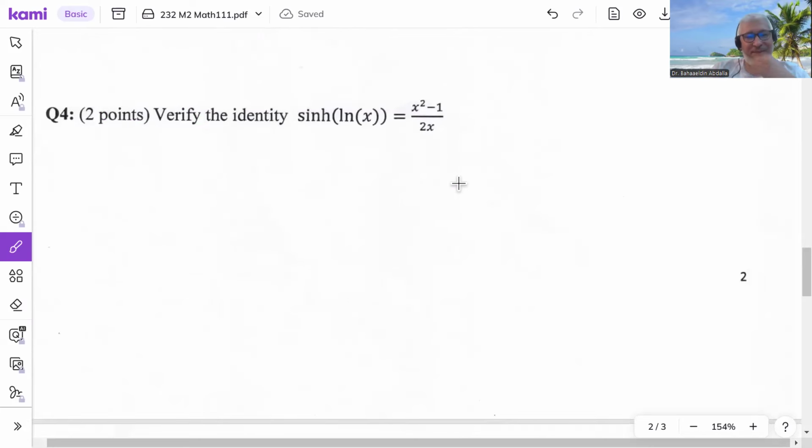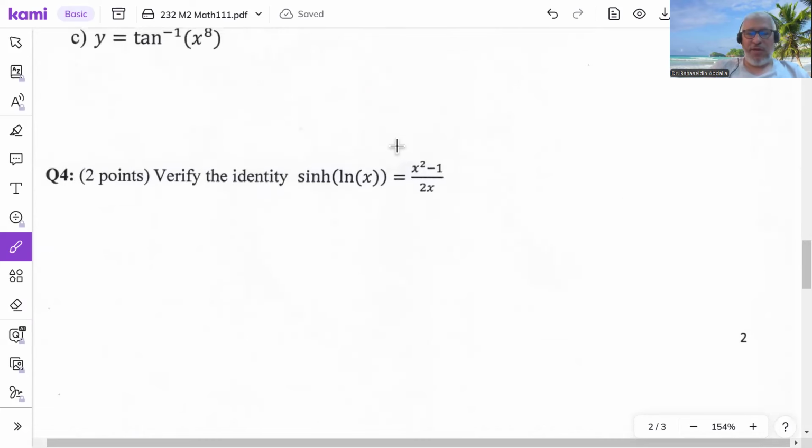Verify this identity. This is from section 3.11, and to verify the identity, I need the definition of hyperbolic sine, sinh x. Well, the definition is e to the power x minus e to the power negative x over 2. That's the definition of hyperbolic sine.